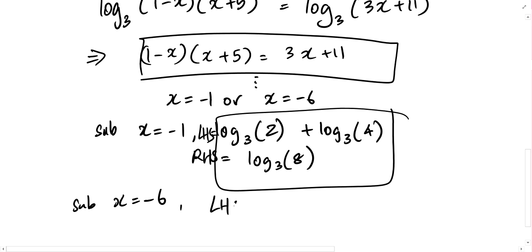Now we try x equals -6. On the left-hand side, I get log base 3 of (1 minus -6), which will be 7. Then I have a plus log base 3 of (-6 plus 5), which is -1. Is this valid? Can I take log of a negative number?